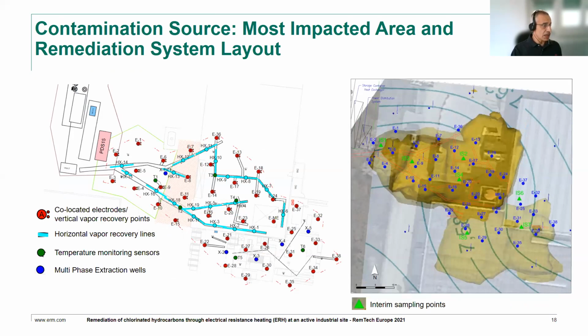This is the layout of the system compared to the distribution of the contamination. You can see co-located electrodes that were the ones used to heat the soil through the passage of electricity, and that were co-located with the recovery points of the multi-phase extraction system.